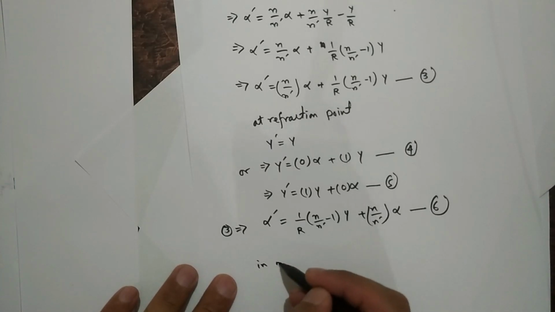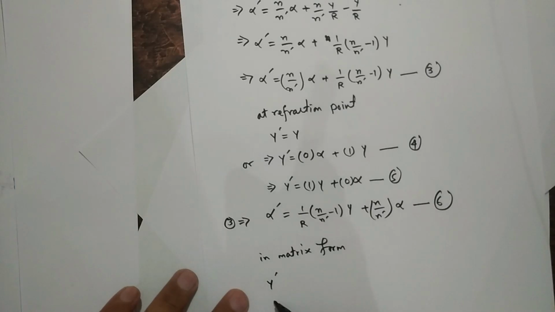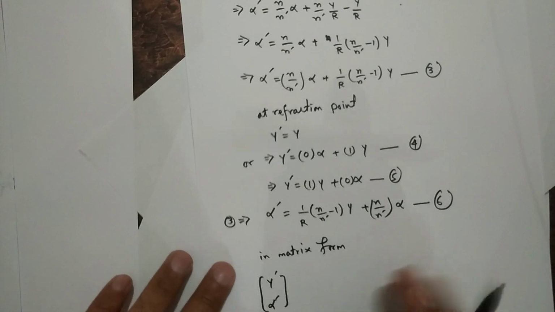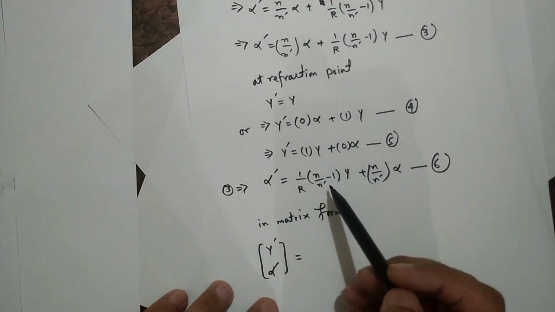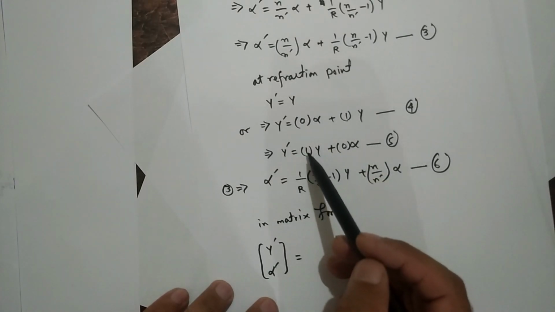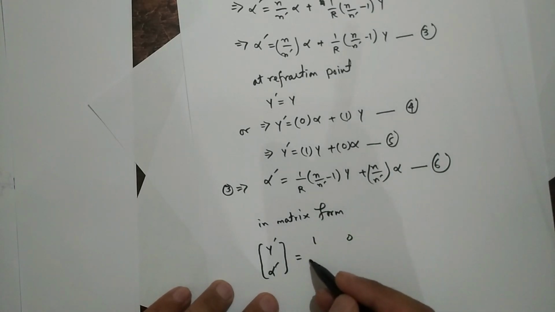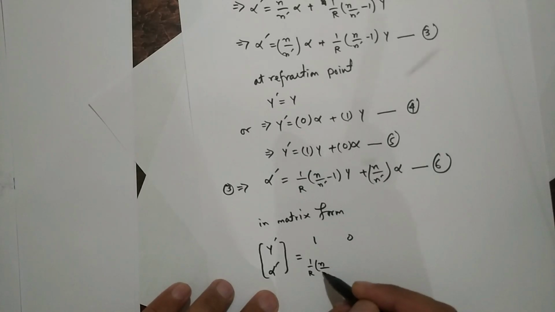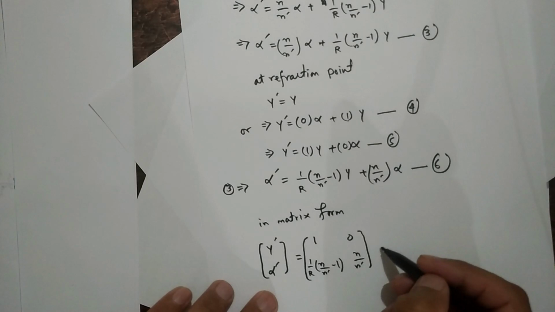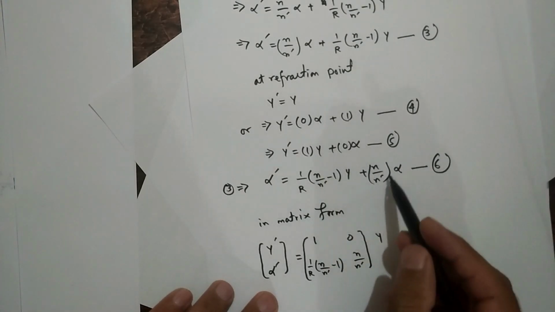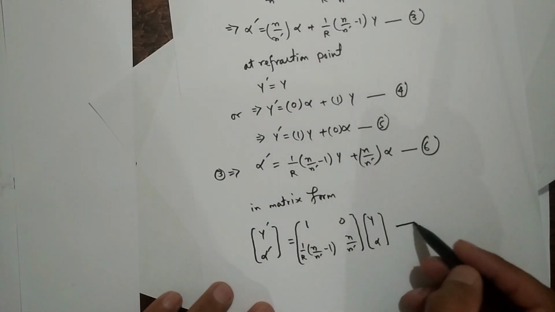So in matrix form, we can write it as y prime, alpha prime is now equal to, here it is 1, and this is 0, and this one is 1 upon r times n upon n prime minus 1, and here it is n upon n prime, times y and alpha. So now this is the final equation 7.